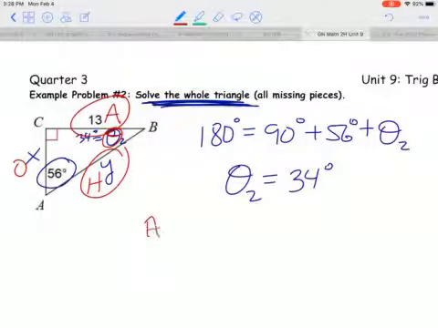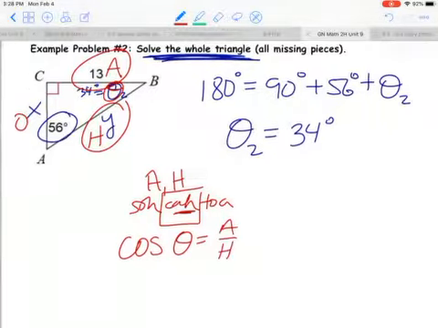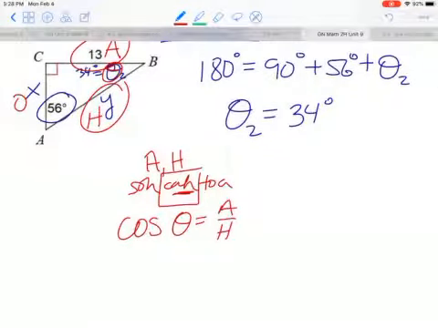So we have A and H. From SOHCAHTOA, that's this, so cosine. So cosine is A over H. And here, our angle we marked was 34 degrees. And A was 13, H was y.